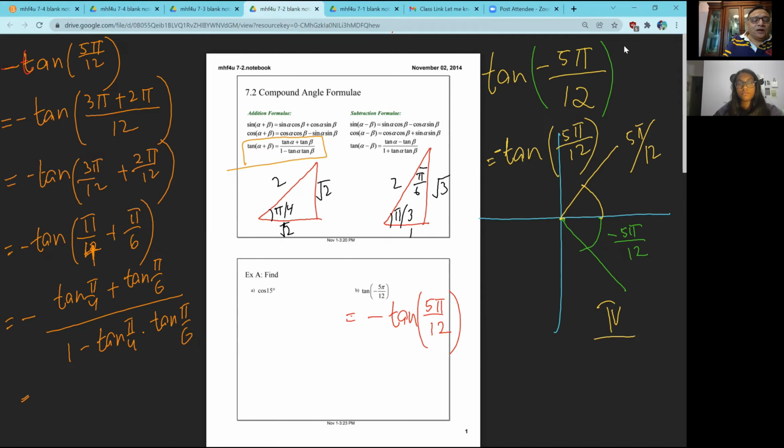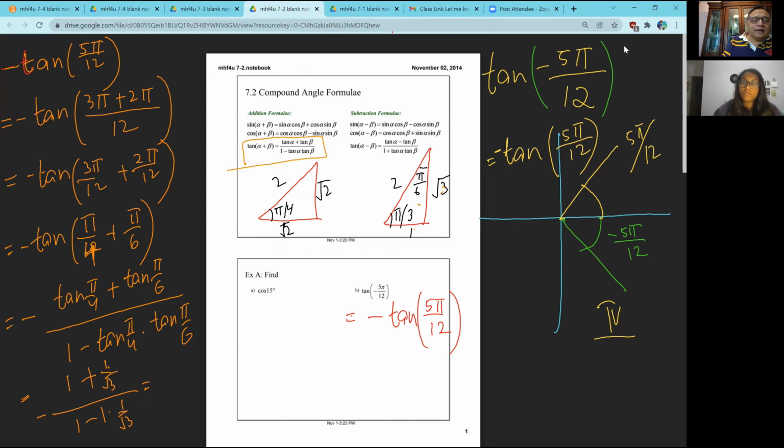So we get 1 plus tan pi by 6, which is the ratio of square root 3, 1 over square root 3, right? So let me write 1 over square root 3 here, over 1 minus 1 times 1 over square root 3, correct? With a negative sign outside, correct? Now I could multiply both numerator and denominator by square root 3 so that I avoid these layers of fraction, correct?